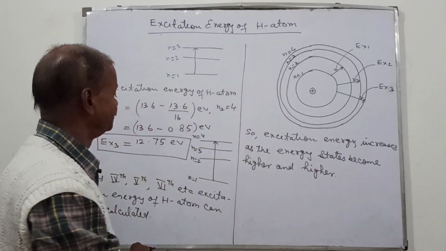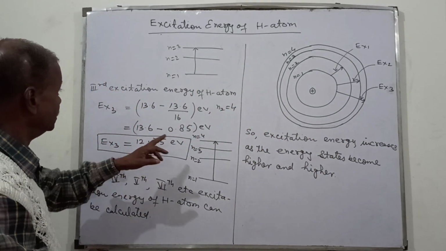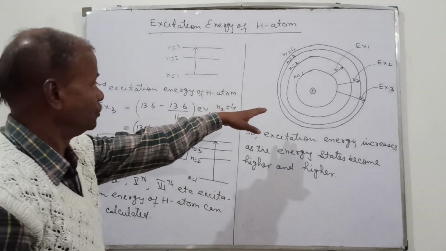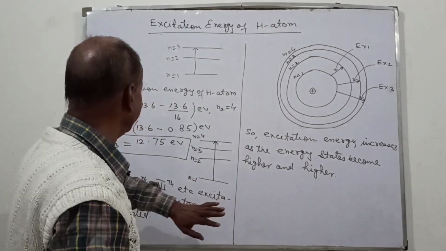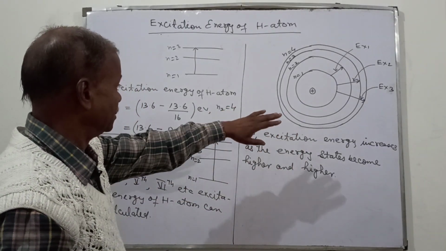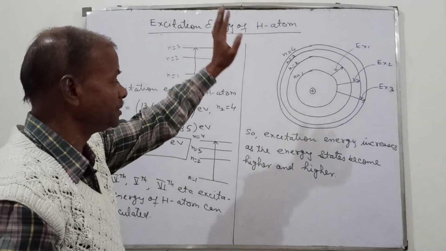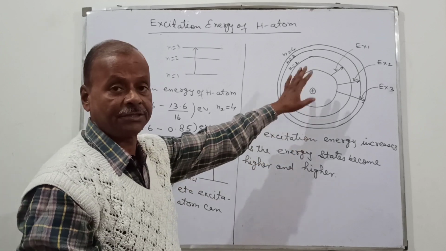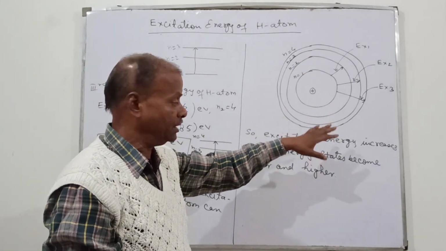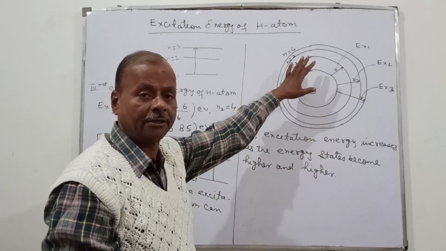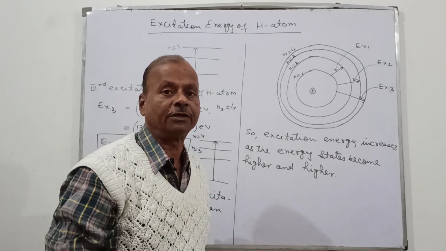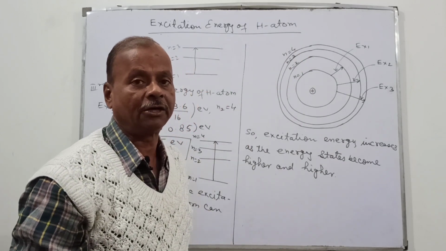You can see that the first was 10 point something, the second was different from this one, and the third is so much. So this excitation energy is being increased as the energy states become higher and higher. So this is what the excitation energy of the hydrogen atom is.